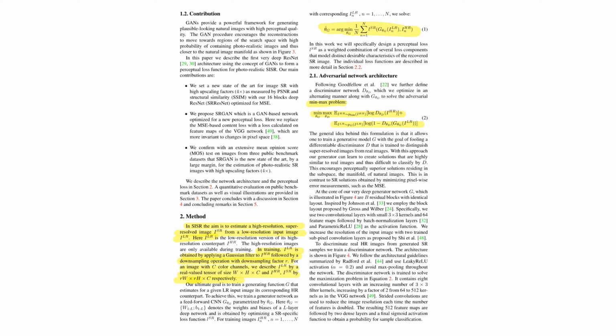It's worth noting that we only get to see I_HR during training, making it a bit of a best-kept secret. Our primary tool for this task is a generator function G, a powerful part of the GAN architecture. Its mission is to produce I_SR. With every iteration, G gets refined using a perceptual loss function, l_SR, which focuses on perceptual similarities rather than just pixel differences.